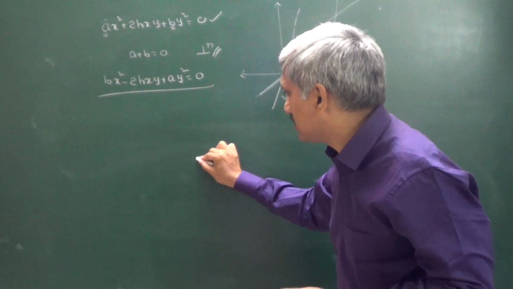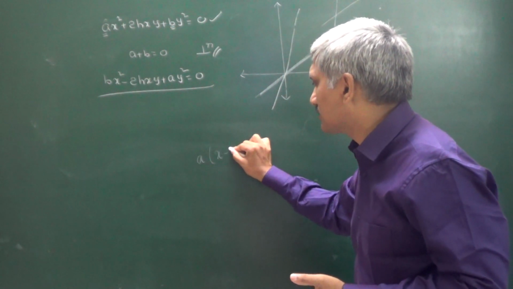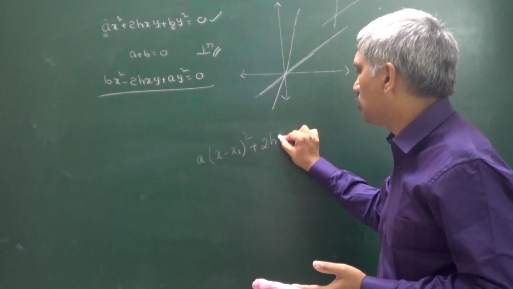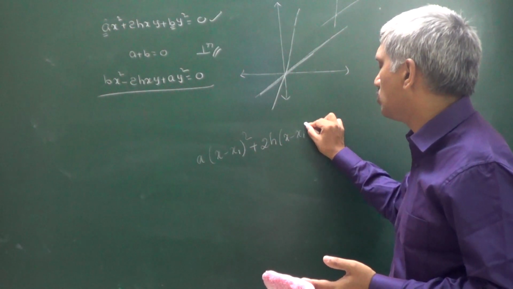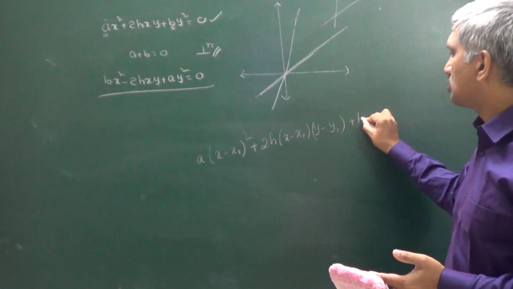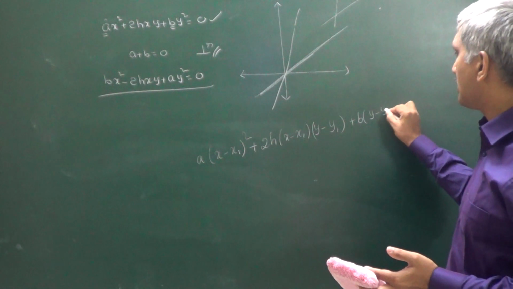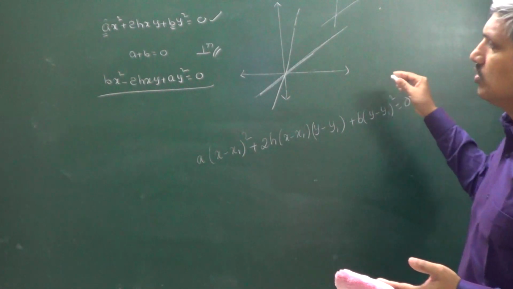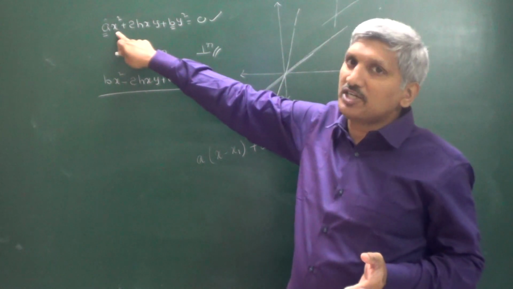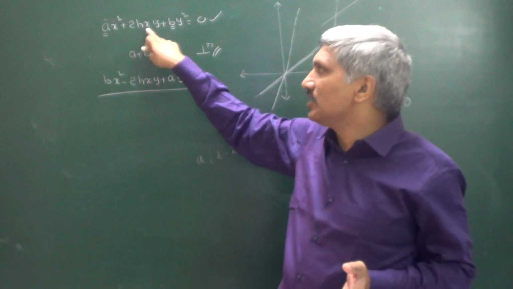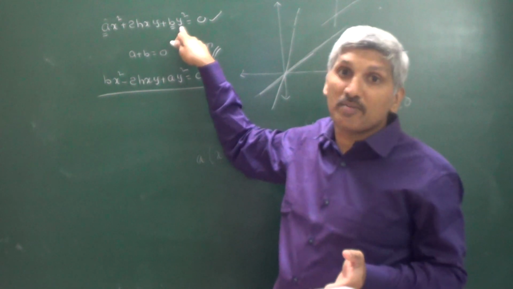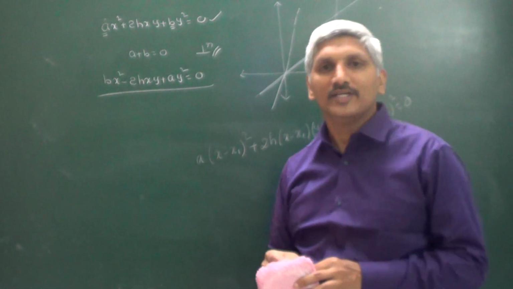Then the equation is given by a into x minus x1 whole square plus 2h into x minus x1 into y minus y1 plus b into y minus y1 whole square is equal to 0. Origin is shifted to a point x1 y1. That's why a into x minus x1 whole square plus 2h into x minus x1 into y minus y1 plus b into y minus y1 whole square is equal to 0.